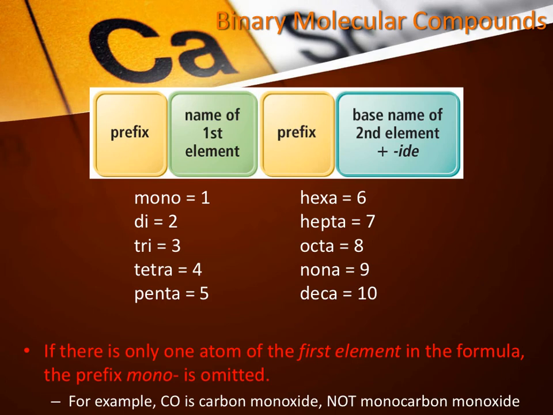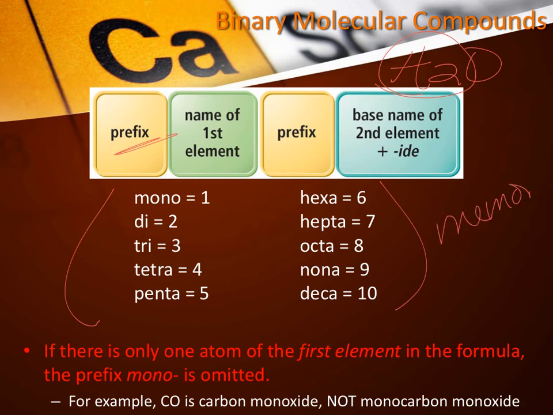So here's the general rule. If you have a covalent compound, let's just look at water, H2O. The common name is water, but let's think of what its chemical name is. First, you need a prefix, which tells you how many of the first element there are. Here are the prefixes. Make sure you memorize them.